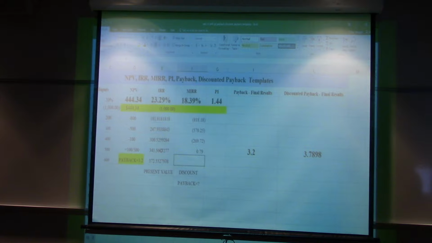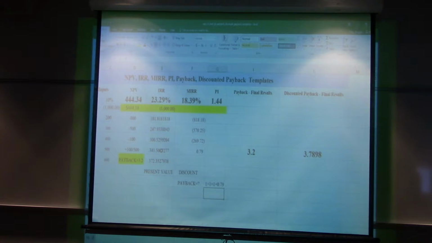So see 0.79, so the discount payback should be 1 plus 1 plus 1 plus 0.79, so it should be 3.79. It's the same as the payback period, but you deduct the present value of the cash flow year by year.